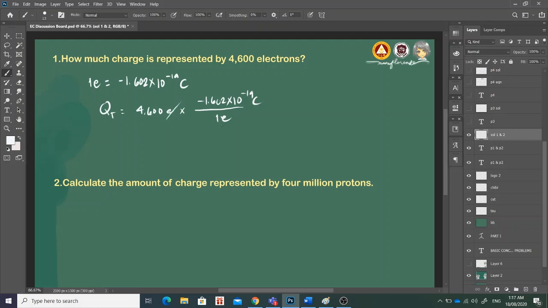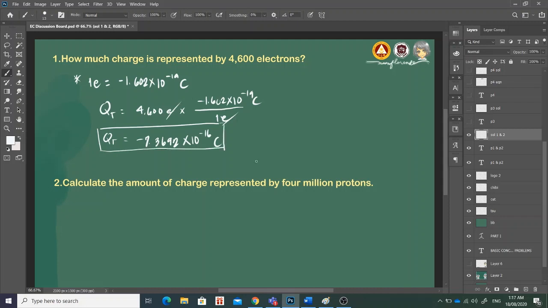So the charge represented by the amount of electron is negative 7.3692 times 10 raised to negative 16 coulomb. Ayan. So this is our conversion factor and this is our final answer. Take note ha, at least 4 decimal places tayo.